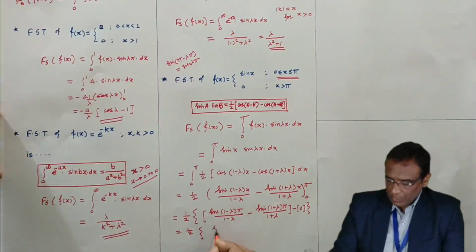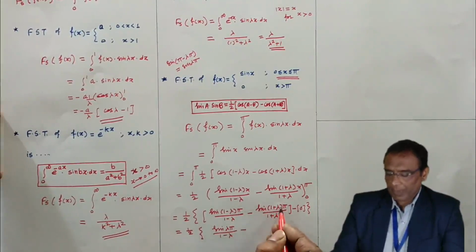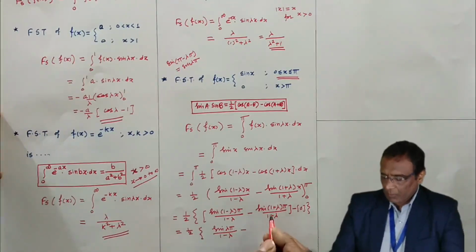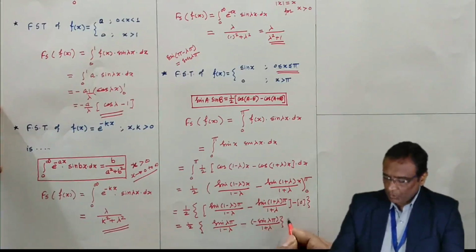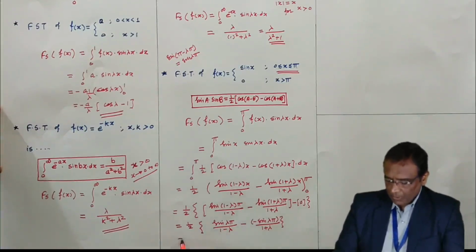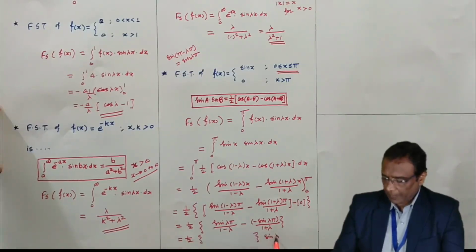Here I am writing sine of lambda pi by (1 minus lambda), and sine (1 plus lambda) pi is minus sine lambda pi. After that, you can take sine lambda pi common, 1 by 2 sine lambda pi, and 1 by (1 minus lambda) minus minus plus 1 by (1 plus lambda).